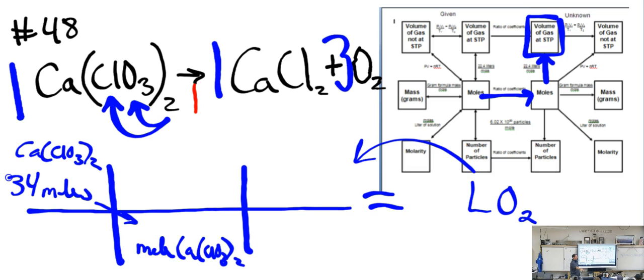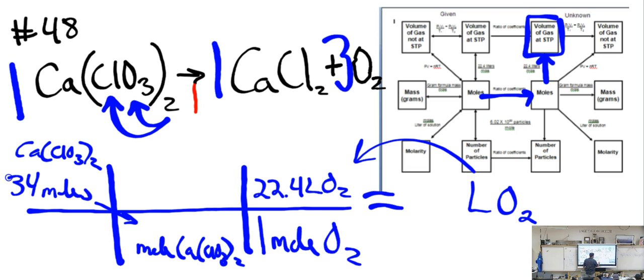It's always the same number. 22.4 liters of O2 for every what? 1 mole of the same thing. So what unit has to go up here then? Mole of O2. And now we're ready to go. We find that there are 3 moles of O2 to every 1 mole of calcium chlorate. And then we're ready. 34 times 3 times 22.4.